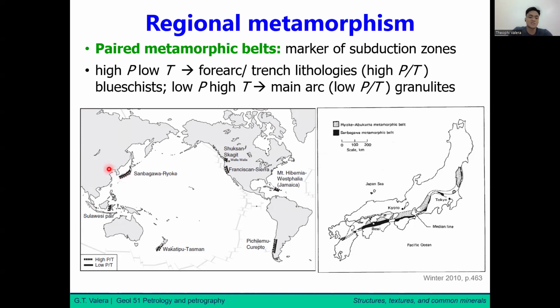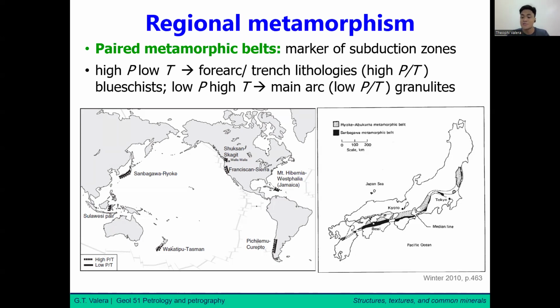So that's quite interesting. And then it's juxtaposed, it's a belt basically that's been juxtaposed to Barrovian-type zones, basically. So high P/T plus low to intermediate P/T. That is the definition of a paired metamorphic belt.